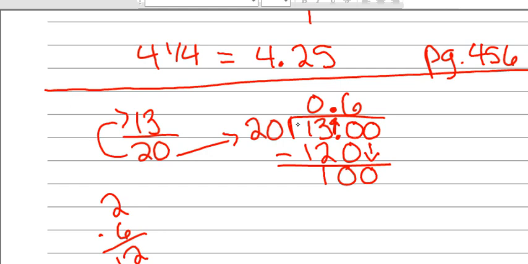I bring down the next 0. Does 20 go into 100? It does. How many 20s are there in 100? 20, 40, 60, 80, 100. If you want to do multiples, you can, if that's easier. Goes in 5 times. 20 times 5 is 100.